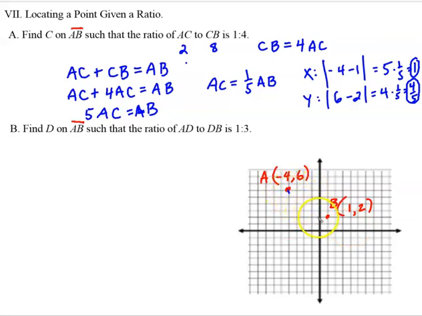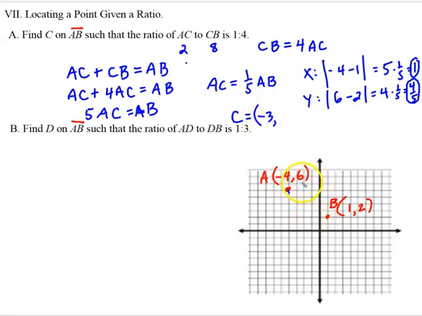Okay, I know I'm moving down, but that's what the y-axis does. As far as the x-axis is concerned, I'm moving to the right. So that means I'm going to add 1 to -4. And when I do that, I get the x coordinate for point C, which is -3.